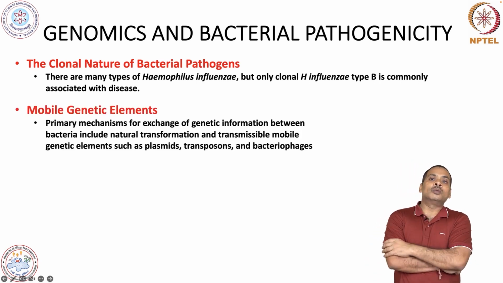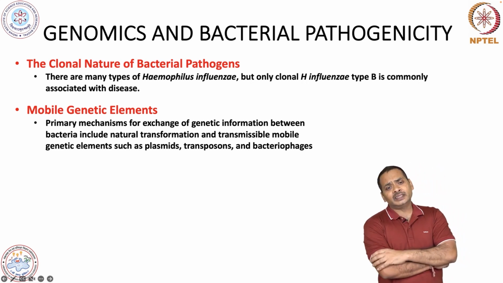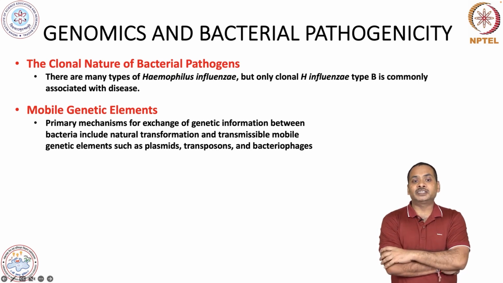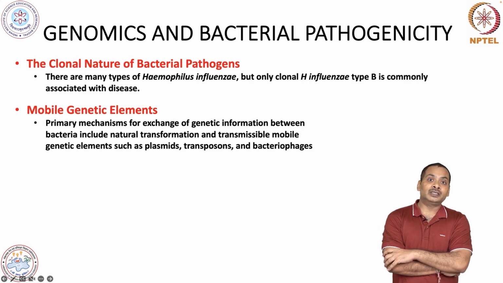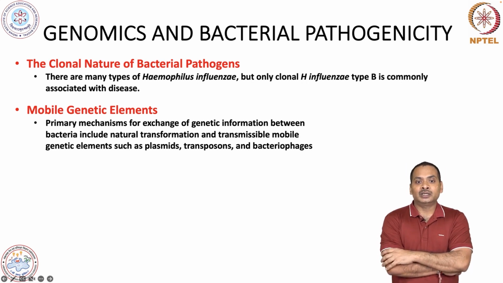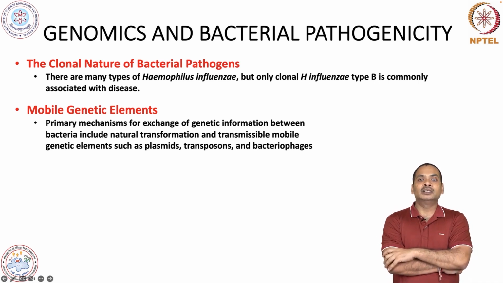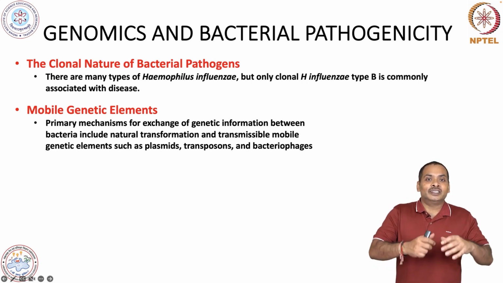There are mobile genetic elements, and these are basically the primary mechanism for exchange of genetic information between bacteria, including natural transformation and transmissible mobile genetic elements such as plasmids.